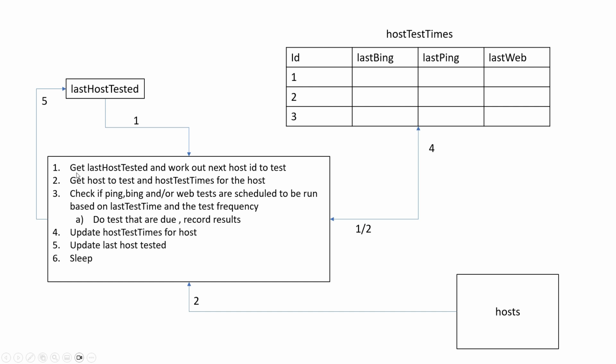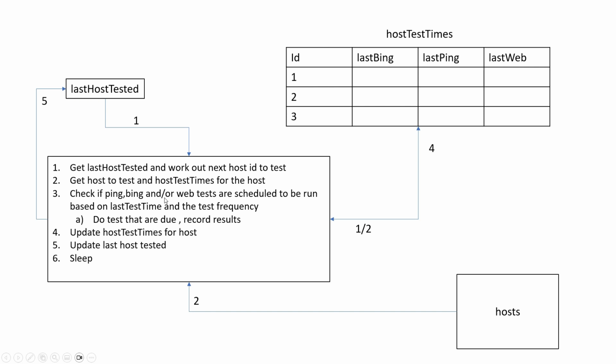So I think for the scheduler service, it'll be one of these routines that wake up periodically, and the first thing it needs to do is get the last host tested. So probably out in hosts, I'll add another property called last host tested, where it keeps track of which host is being tested.